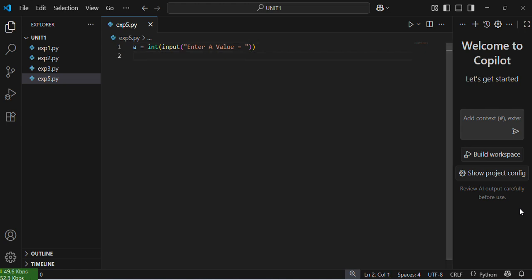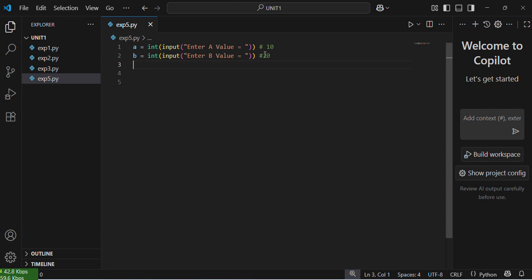After that the b value. Here I comment: a value is 10, and assume b value equals 20.